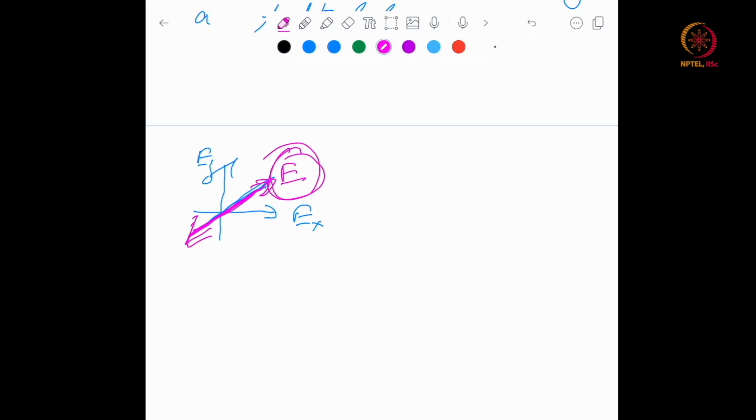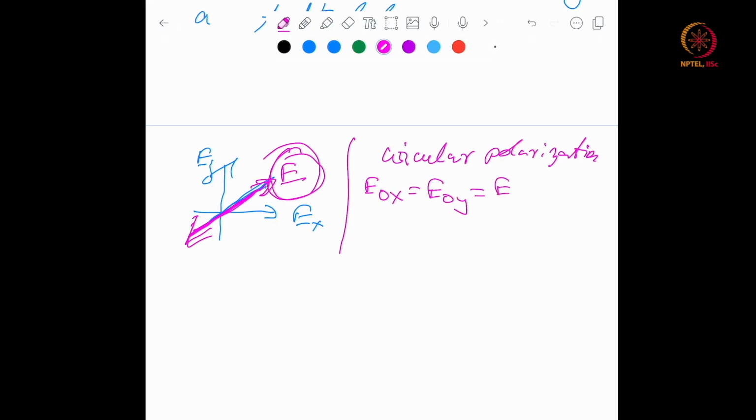resultant E actually oscillates. You can also have what we call circular polarization now. What does circular polarization do? You can have another particular case where E0x equals E0y equals E naught.